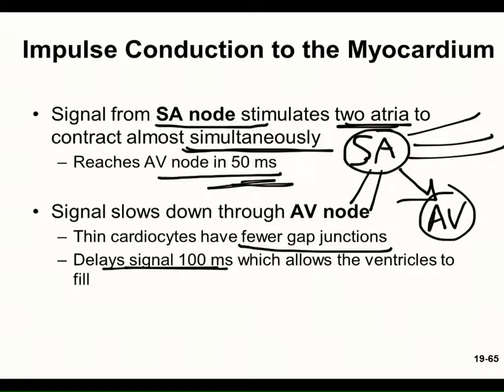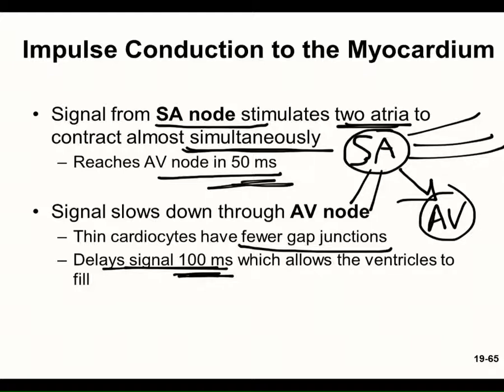Even though the signal got there in 50 milliseconds, there's another 100 millisecond delay. Well, that's all good. Because what's going on? I need us to think about the heart for a second. When the atria contract, where's that blood going? Down through the AV valves to the ventricles.